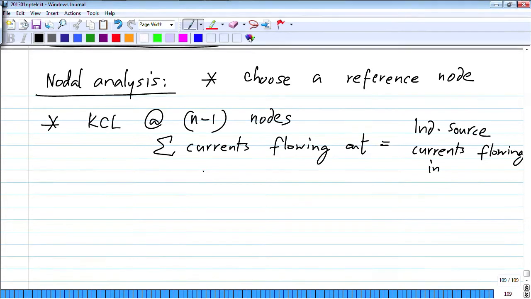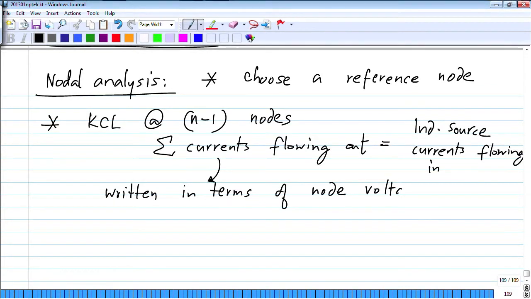Okay, and also this current is written in terms of node voltages with respect to the reference node.